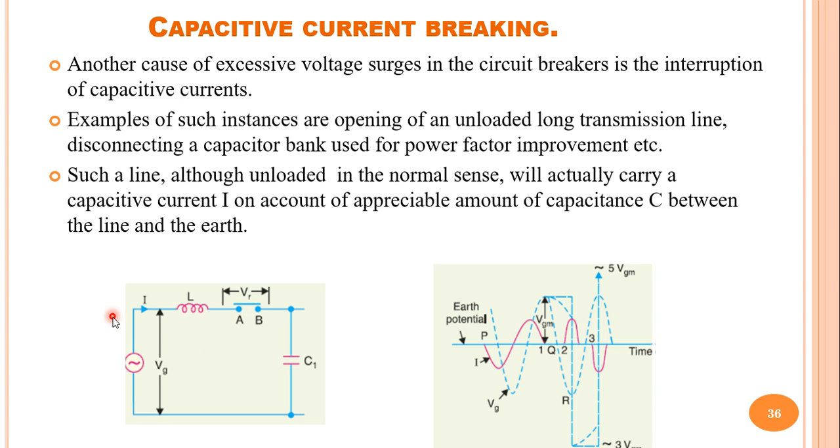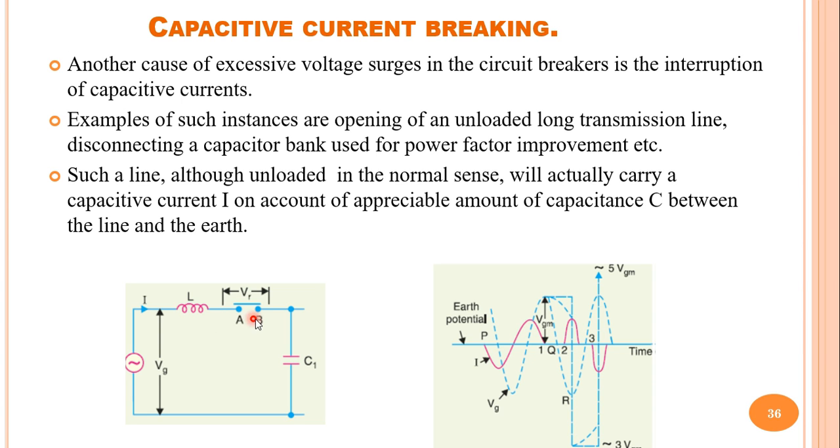But this generated voltage is AC voltage, so it is changing its polarity. So at some point it becomes minus Vg. So the total voltage across the circuit breaker becomes Vg minus (minus Vg), which is 2 times Vg. That means it may cause restriking of the arc.